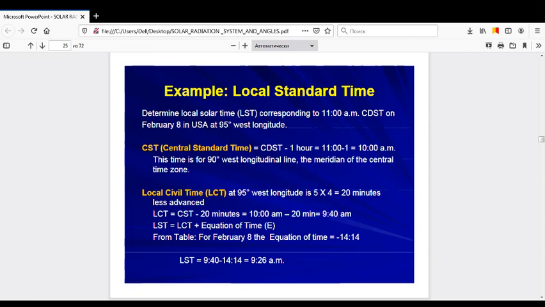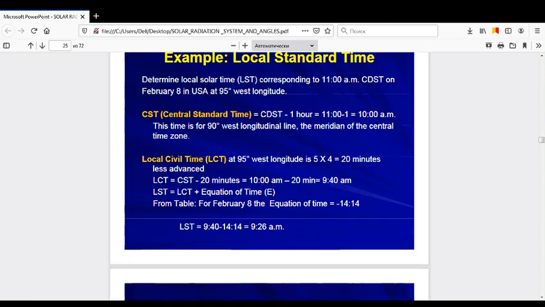LCT is equal to CST minus 20 minutes, that is 10 am minus 20 minutes, which is 9:40 am. LST is equal to LCT plus the equation of time. From the table for February 8th, the equation of time is minus 14.14. So LST is equal to 9:40 minus 14.14, which is 9:26 am.